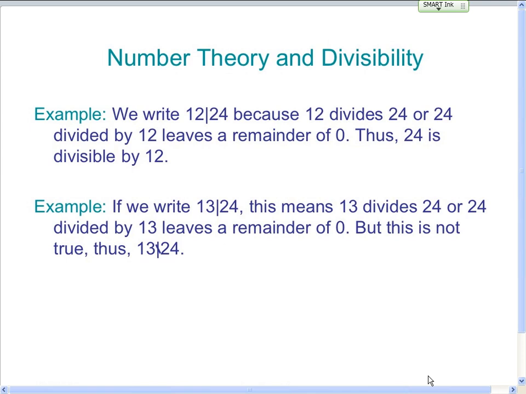On the other hand, if we write 13 divides 24, this is not true because 13 does not go into 24 evenly with a remainder of 0. So, you know how if you have something that's not equal to, you put a little slash through the equal sign? Well, same thing here. If we say does not divide, we put a little mark through it. So 13 does not divide 24.